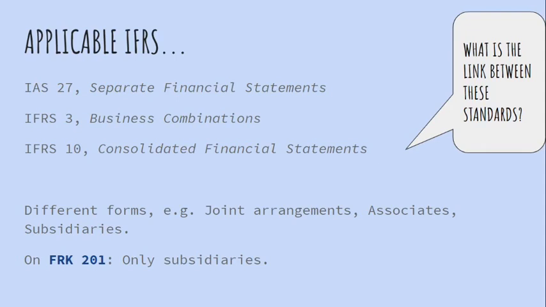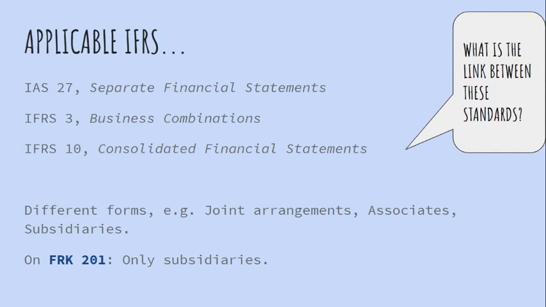So there's the link between IFRS 3 and IFRS 10. For there to be a business combination, you need control. IFRS 10 gives you the definition of control, which we will look at in a lot of detail a little bit later on. Furthermore, IFRS 3 focuses on the acquisition date, on that day when one company gains control over another business.